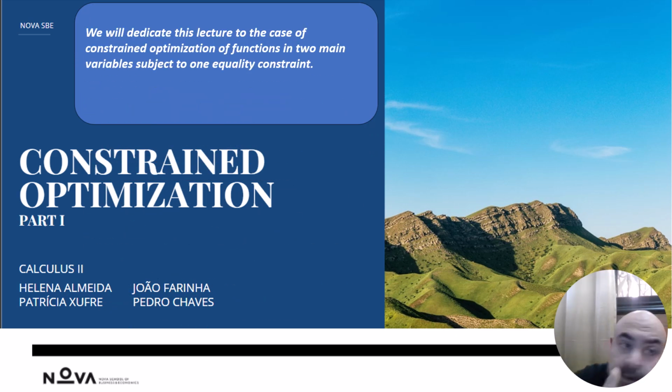So we need to discuss in this lecture the case of constrained optimization of functions in two main variables and with one equality constraint. This is an introduction to what's going to happen down the road. In the first step, we will study three methods.